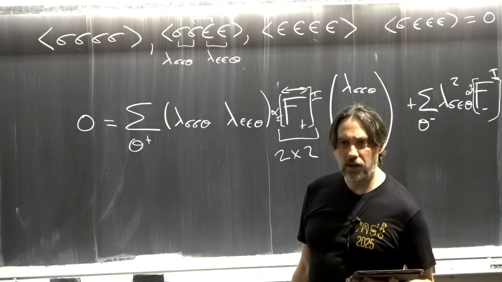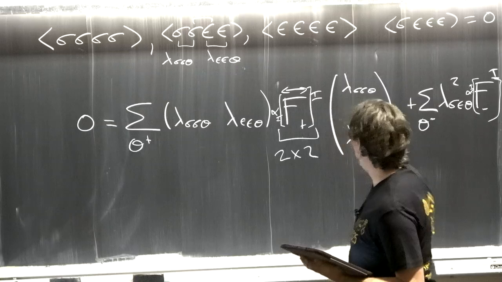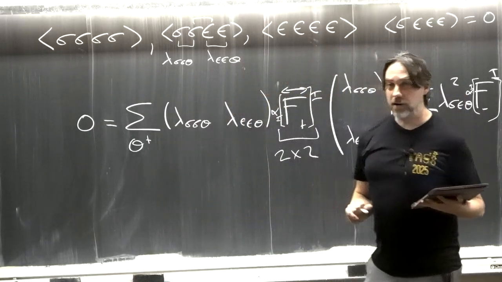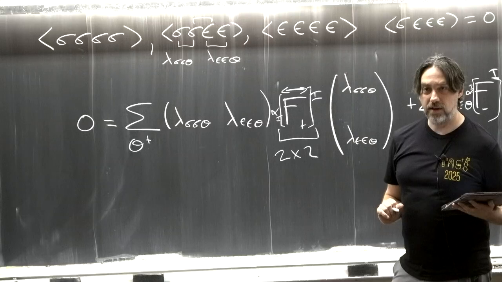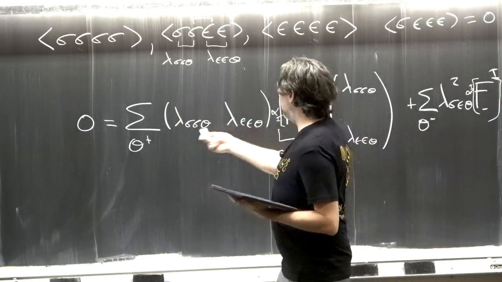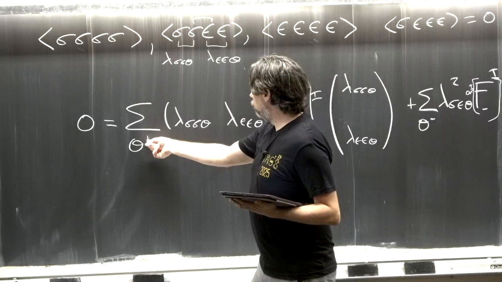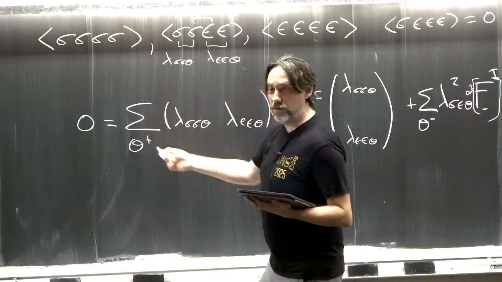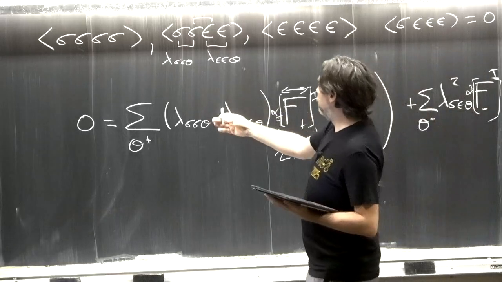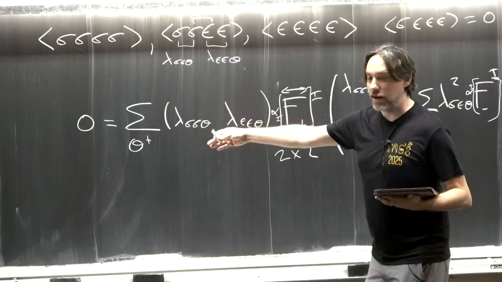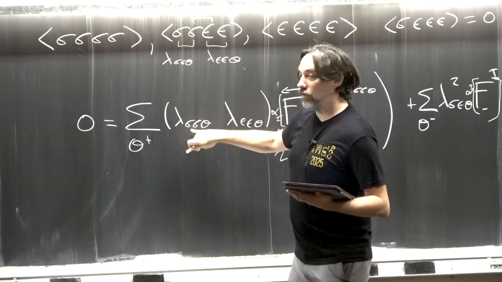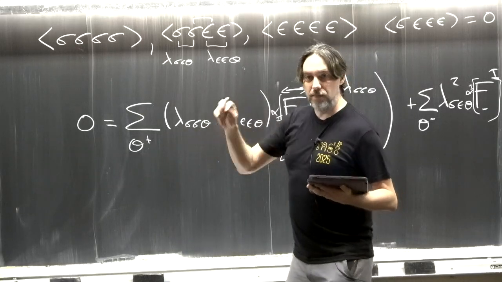What exactly does O run over again? O runs over all primary operators in the CFT. And in particular, here I've divided those into Z2 even operators, O plus, and Z2 odd operators, O minus. Of course, there are additional selection rules that we've described, like only even spin operators show up in the scalar-scalar OPE between identical scalars.